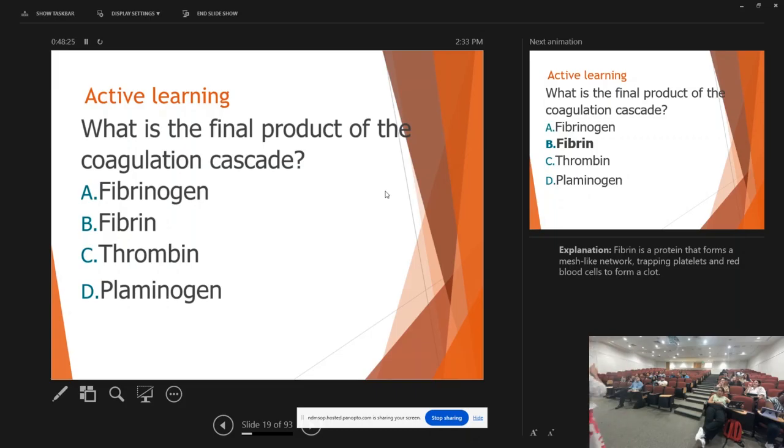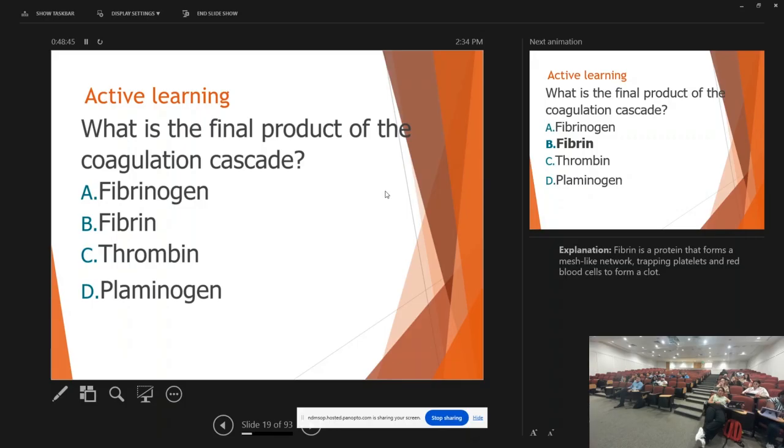Of the coagulation cascade. So in the coagulation cascade, where does it end? The clot? It is factor 5? Fibrinogen? Dissolving the clot, is it part of coagulation? No. That's fibrinolysis, right?